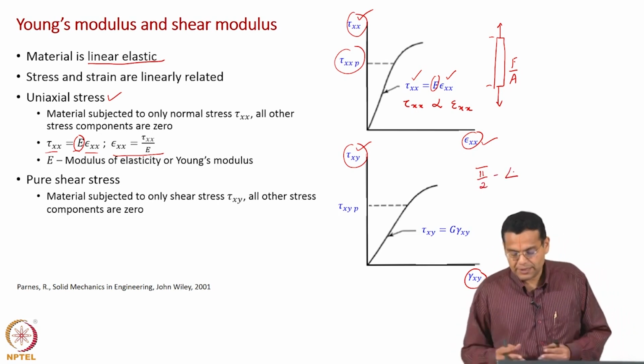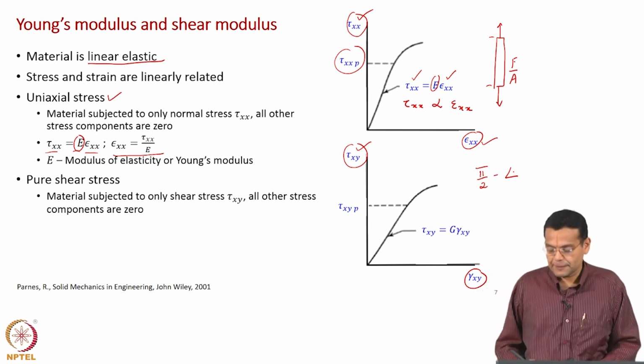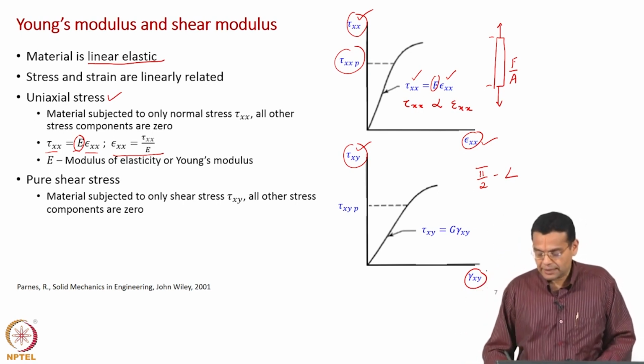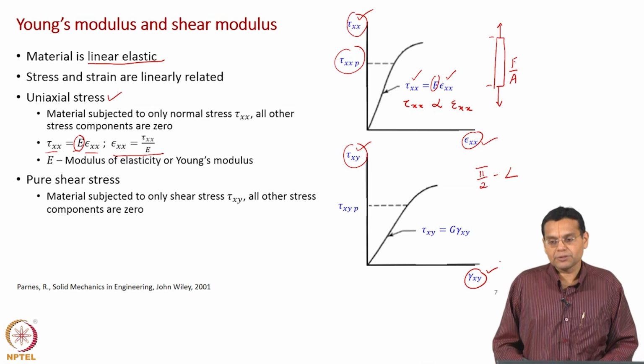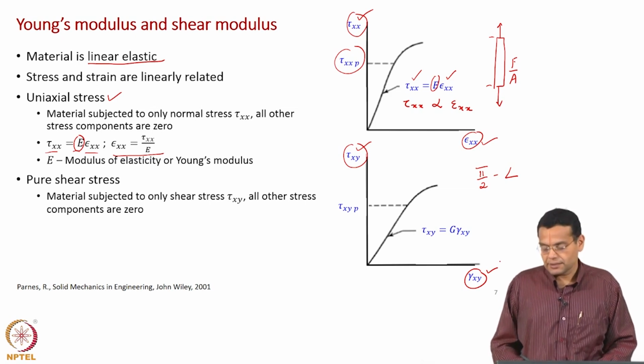So, you measure this angle, which is the shear strain, and that is the x axis. So, you plot a graph between these two, the shear stress which you applied and the shear strain which you measured, and you get a relationship.